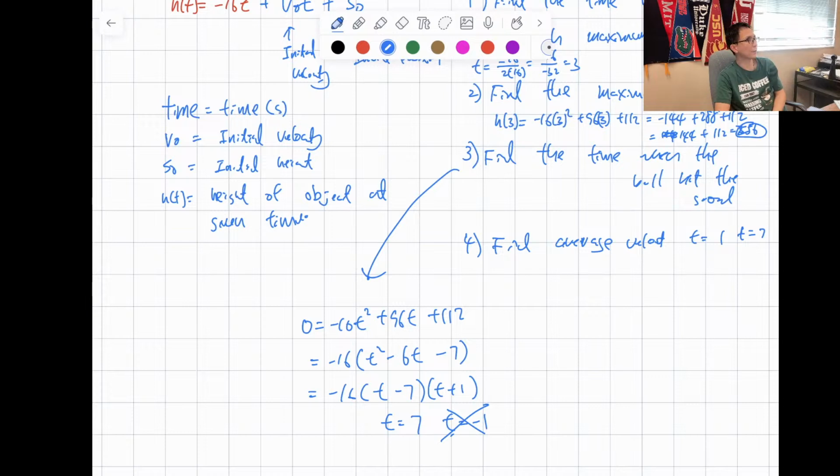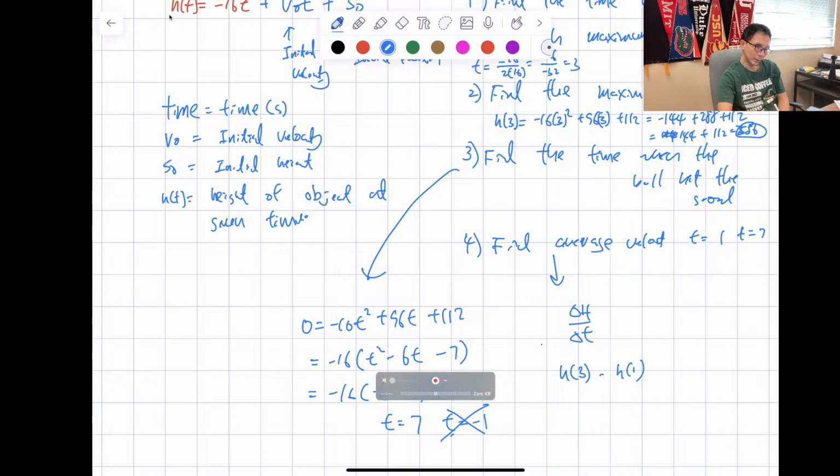Do you guys know how to find average velocity? For those of you who don't know, it's basically the change in height over the change in time. So it'll be h of 3 minus h of 1 over 3 minus 1. So what's h of 3?